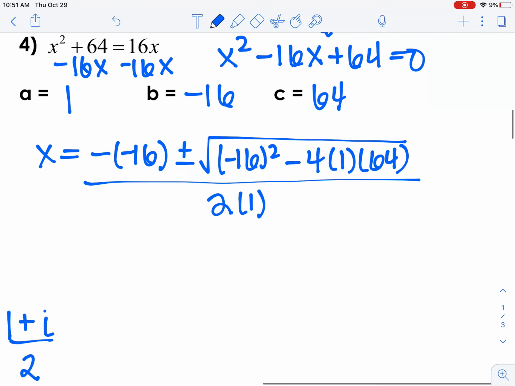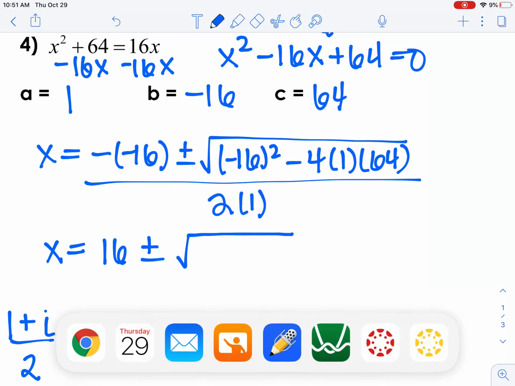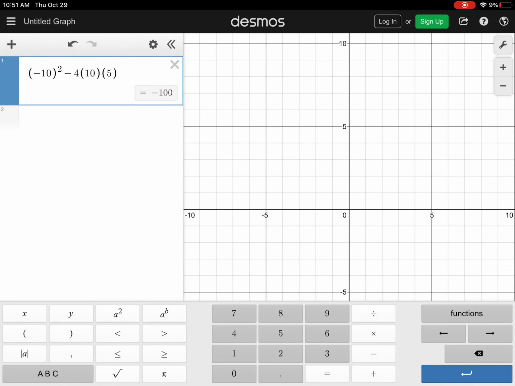Now, whoops, when I start to simplify this, I get positive 16 plus or minus the square root. Now I'm going to go into Desmos, negative 16 squared minus 4 times 1 times 64. So negative 16 squared minus 4 times 1 times 64 is 0.